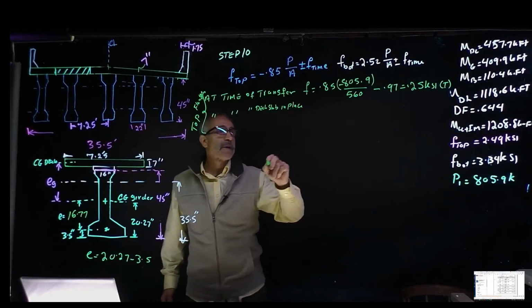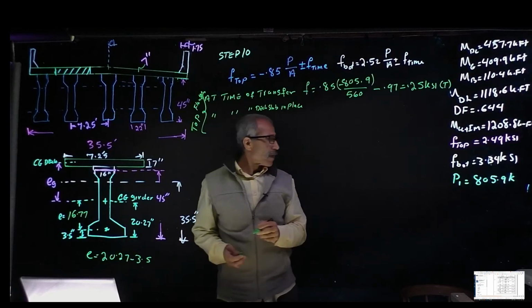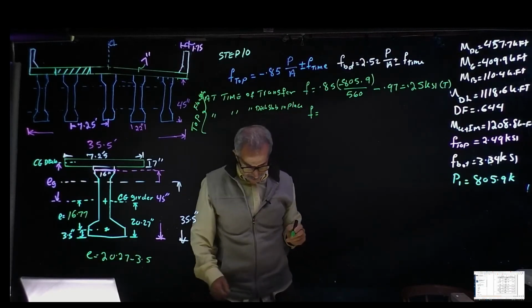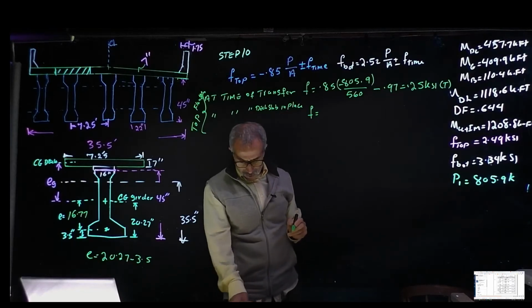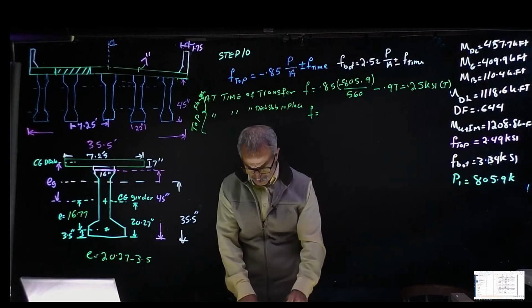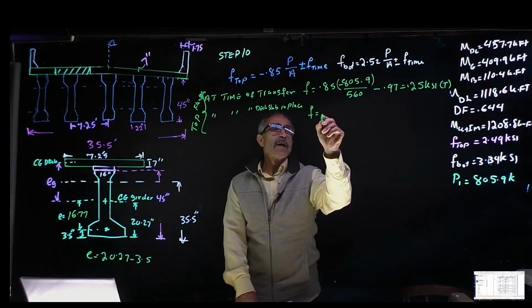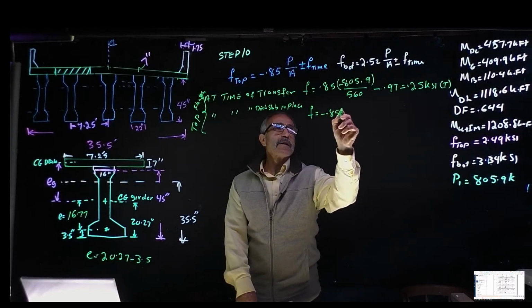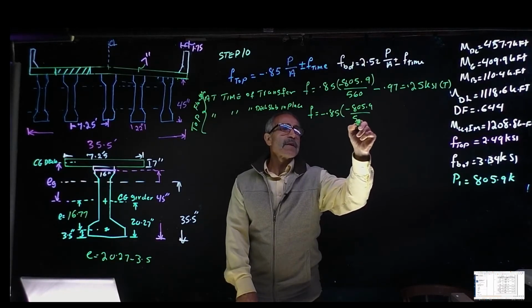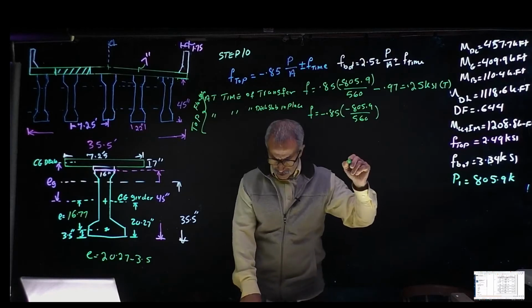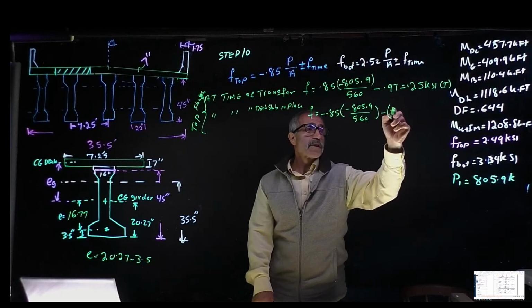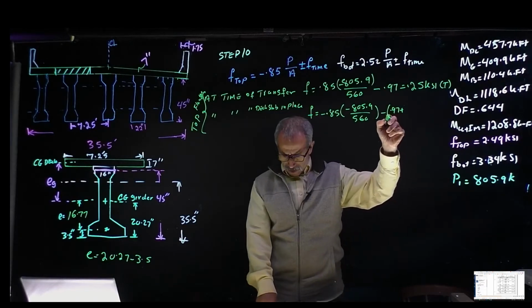Okay, so our F is going to come out to, can you see that? Yeah, you can see it. F is equal, and that's going to come out to minus 0.85 times minus 805.9 divided by 560, and then we're going to have to take out minus, because it's in place, it's going to be this combination plus 108.